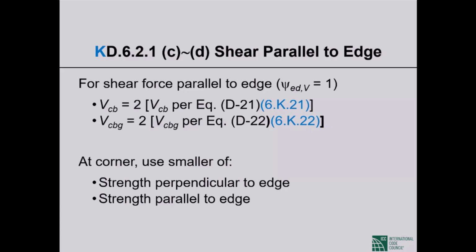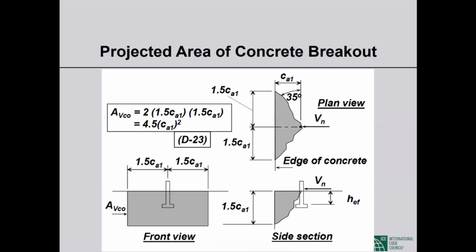Okay, A sub B 0, projected area of the failure surface of a single anchor in shear, not considering spacing or edge distance. So this is a single anchor in shear in plane.